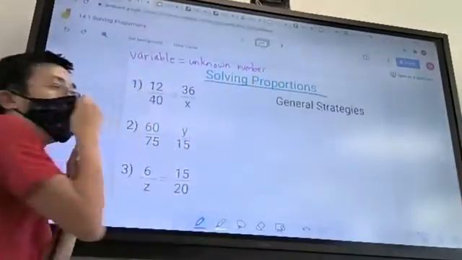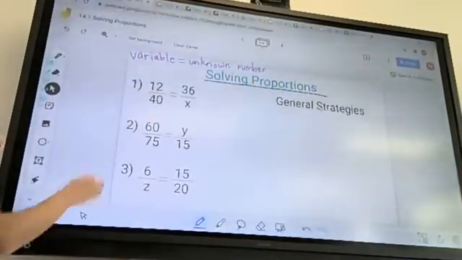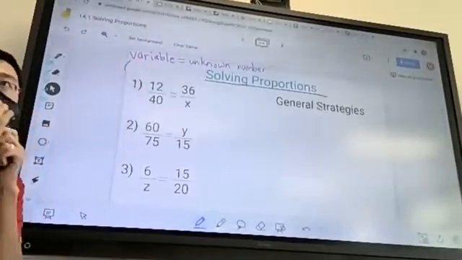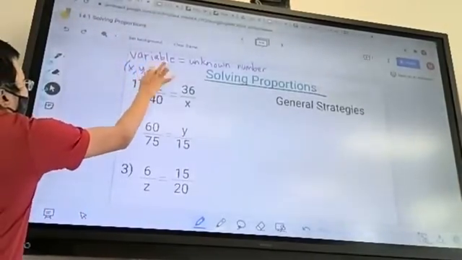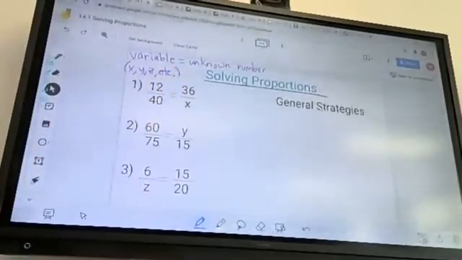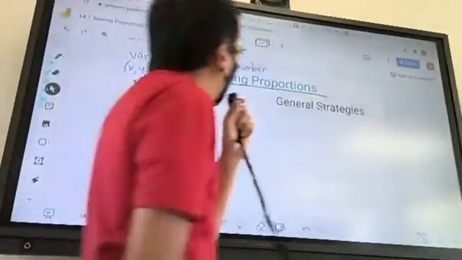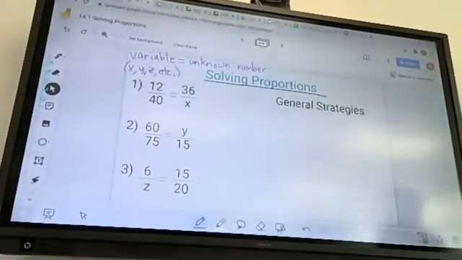A variable is an unknown number, and it can have any letter. It can be X, it can be Y, it can be Z, it can be J, etc. So a variable is an unknown number. We're trying to solve for it. Please go ahead and write that down.